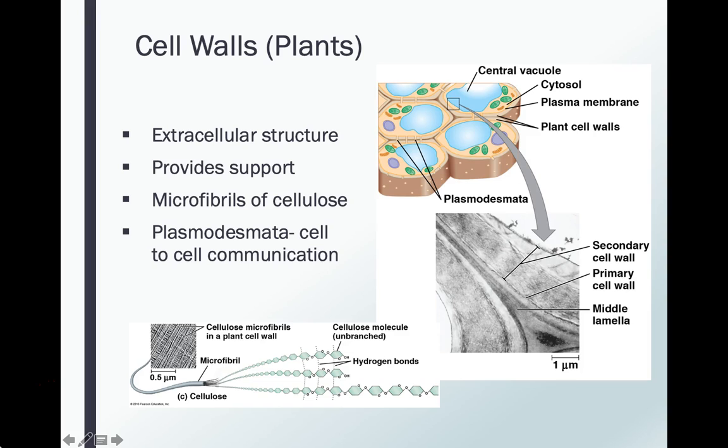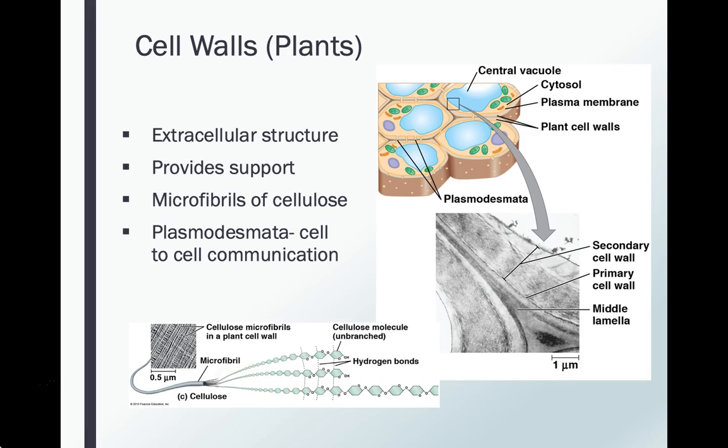The cell wall is really an external support structure. In plants, it's what gives the plant the ability to stand up against gravity. Animals have bones, plants have cell walls. It gives it structural support.